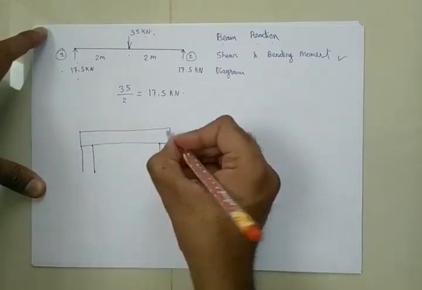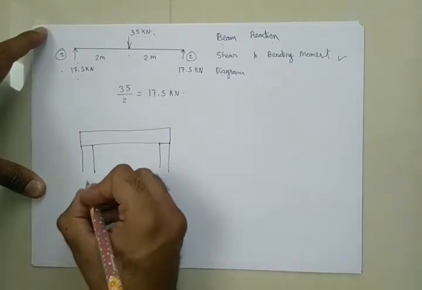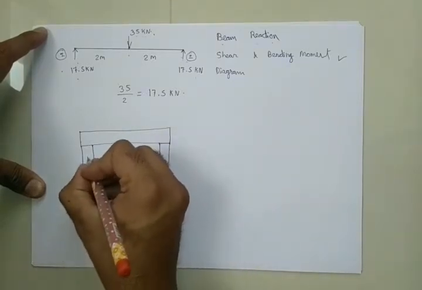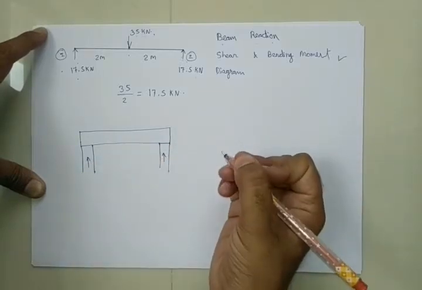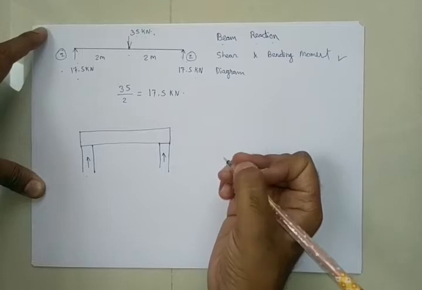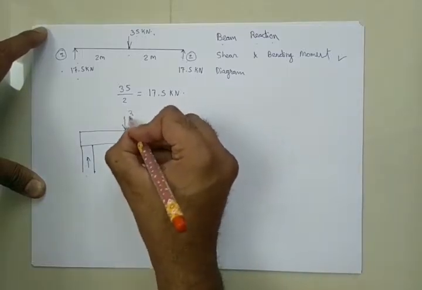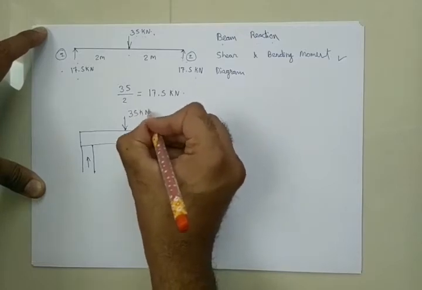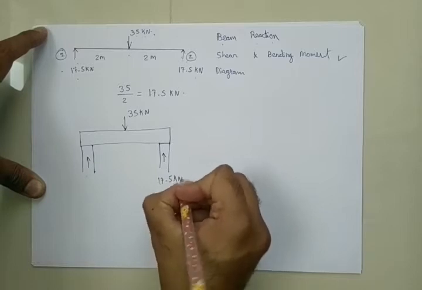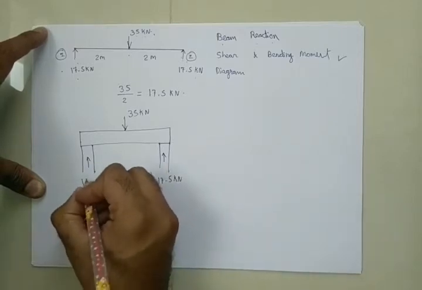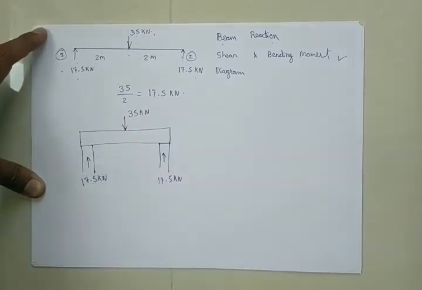This beam will exert some load on these columns and the columns will resist it, or I can say they will react to the force. So that reaction was 17.5 kilonewton. It was not a load that was transferred, but a reaction that was being created.